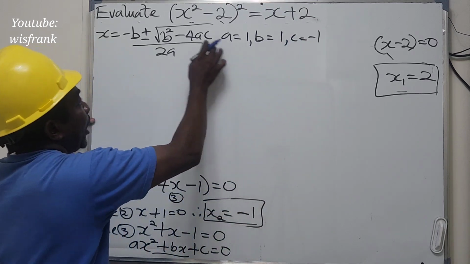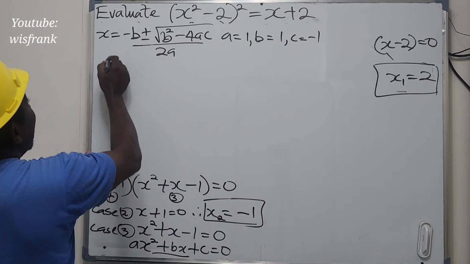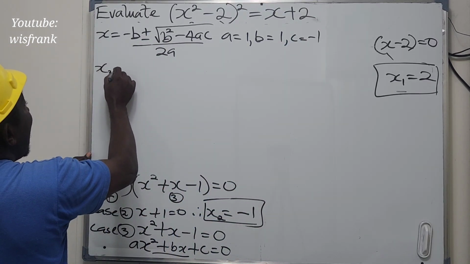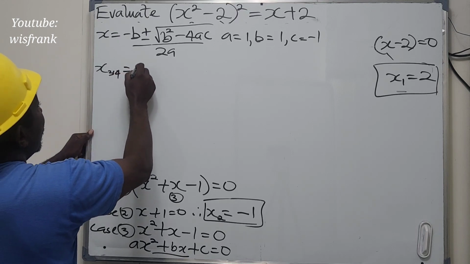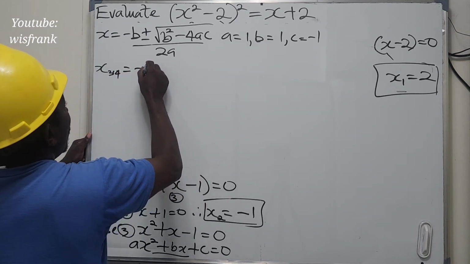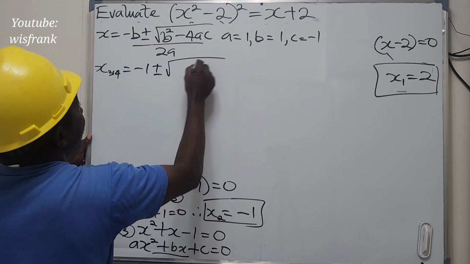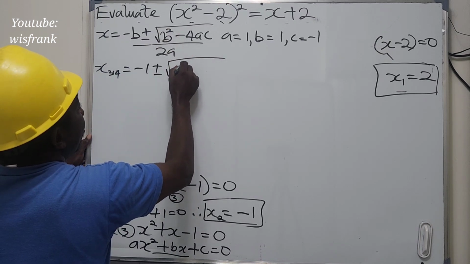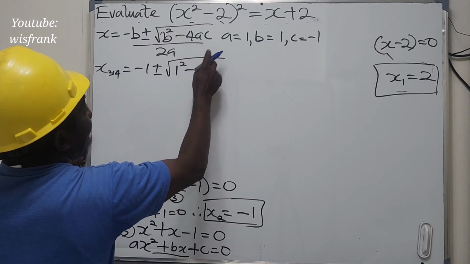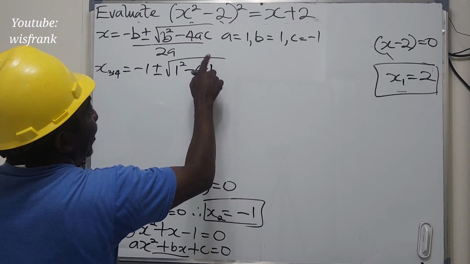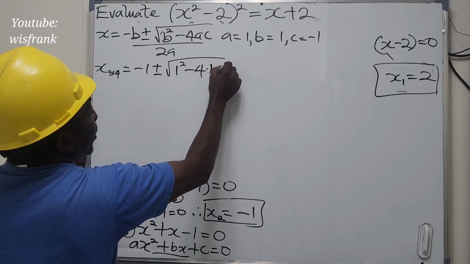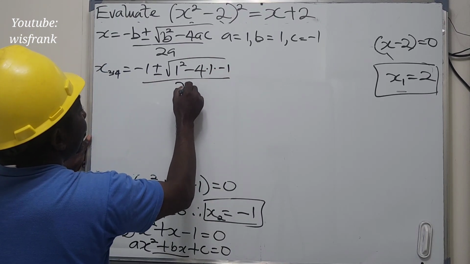Substituting these parameters into the quadratic formula, the value of our x3 and x4 will be equals to minus b, which is 1, plus or minus square root of 1 to the power of 2 minus 4 times a, which is 1, times c, which is minus 1, all over 2 times 1.